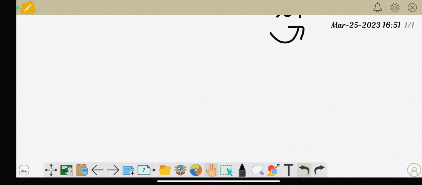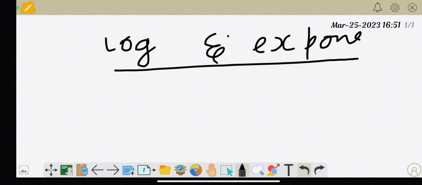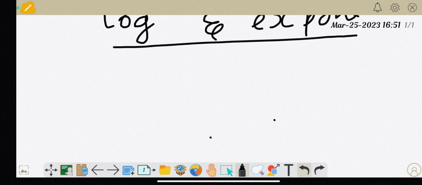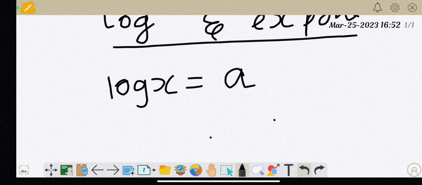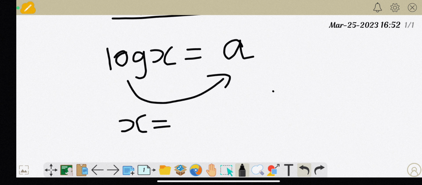Now how can you convert a logarithmic function into an exponential function? If I have log x is equal to a, what is x equal to is my question. When log goes to the right hand side, what does it become? It becomes anti-log. Correct?